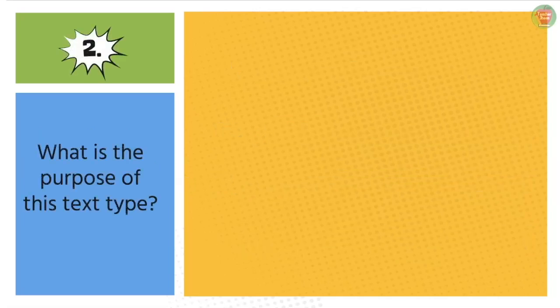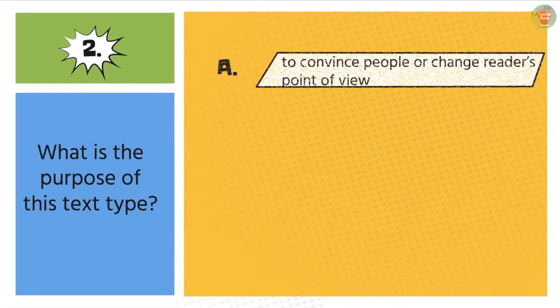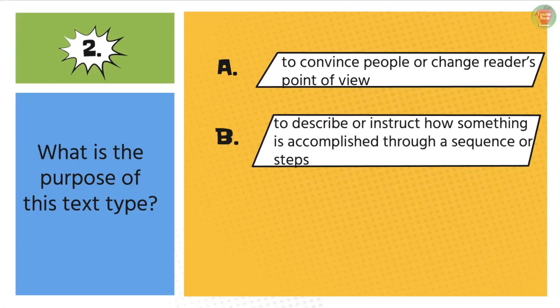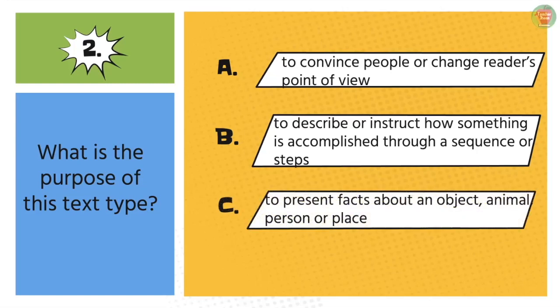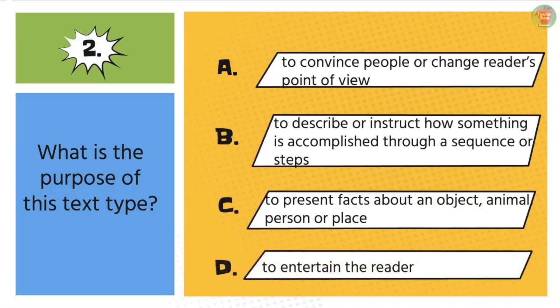What is the purpose of this text type? A. To convince people or change readers' point of view. B. To describe or instruct how something is accomplished through a sequence of steps. C. To present facts about an object, animal, person, or place. D. To entertain the reader.